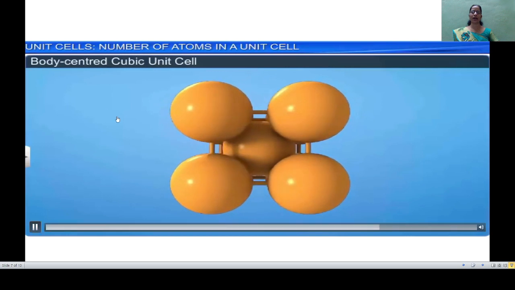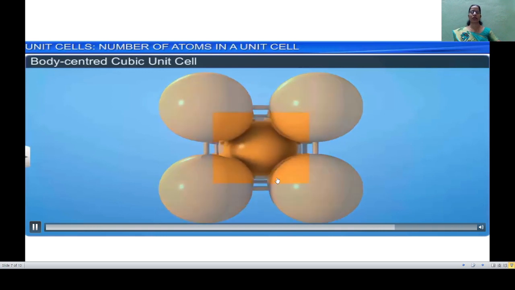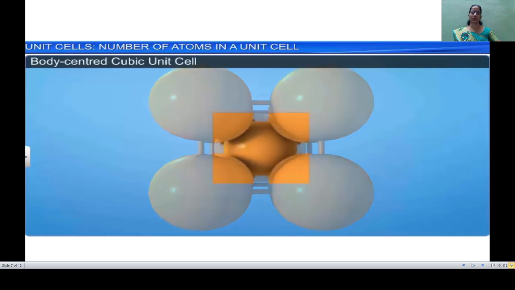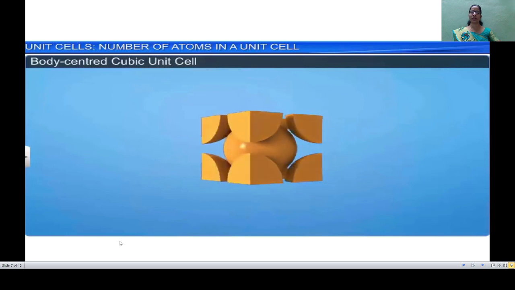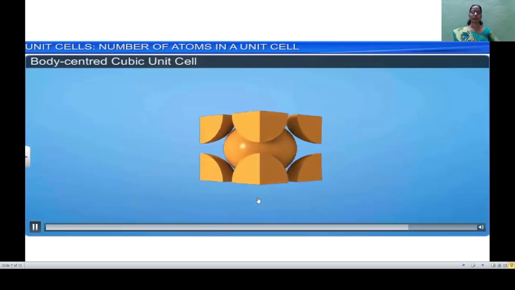Here only one particle is present at the center of the body of the cube, and 8 particles are present at 8 corners, giving only 1/8 contribution each to that unit cell. See the formula to calculate the number of atoms or particles in the unit cell.